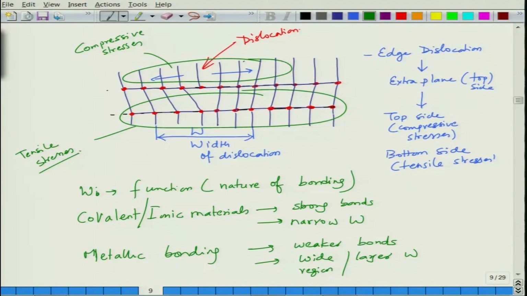So, the wide region. The smaller the width is, the more stress will be required to move a dislocation. You can see that this is the distortion, where atoms are out of correspondence with respect to each other. The point at which they start becoming normal, up to that point is the dislocation width.